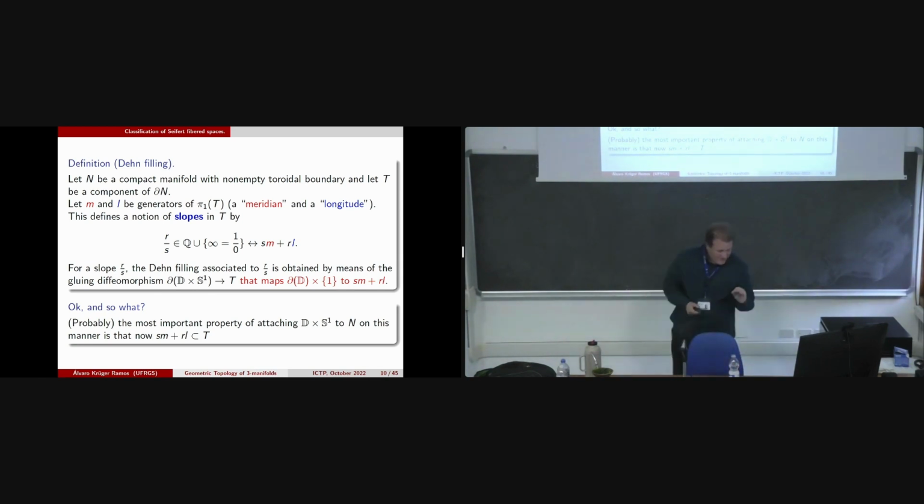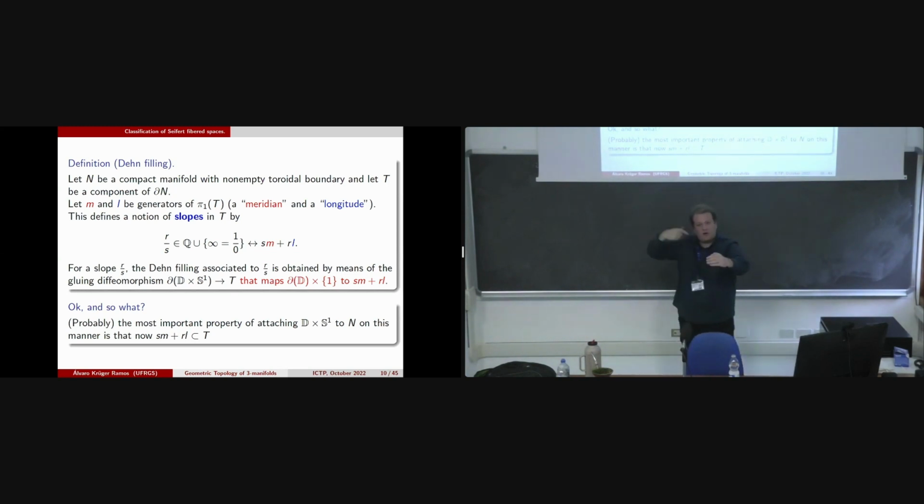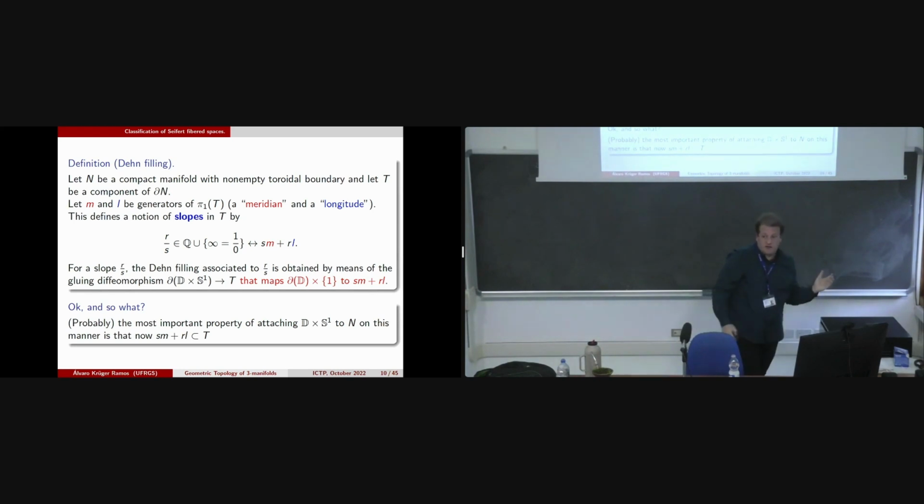It's not easy to see, because we cannot imagine a disk whose boundary goes around a solid torus in R3. It doesn't exist actually in R3. But in the abstract sense, it does exist. And now this curve, which was going around, is the boundary of some disk. So it's trivial in homology.